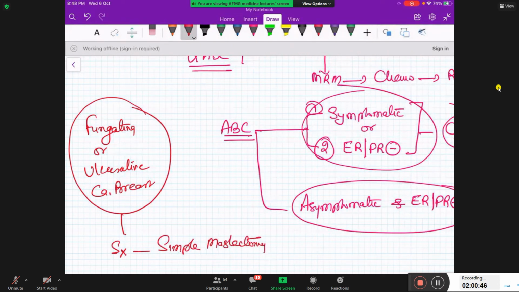Now why are we not offering surgery otherwise? Look, our primary focus is quality. For surgery you have to give general anesthesia, and surgery has its own complications, and because of surgery also there can be a problem in the quality of life. So seroma and so many complications happen, so we will not offer surgery.